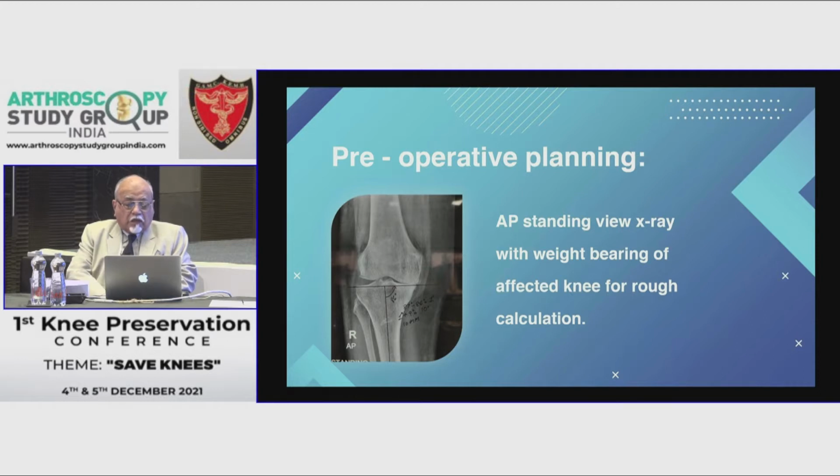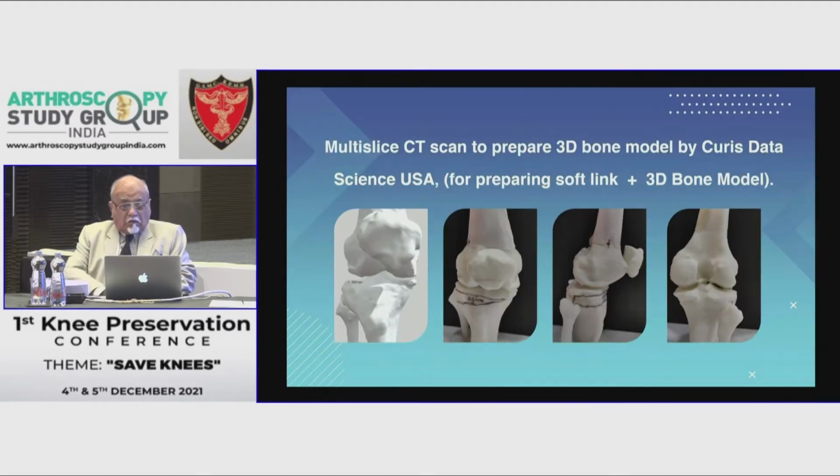Number one, AP standing X-ray with weight bearing of affected knee for rough calculation. Multi-slice CT scan to prepare 3D model by Curie's Data Science, Louisville, USA for preparing soft link plus 3D model.